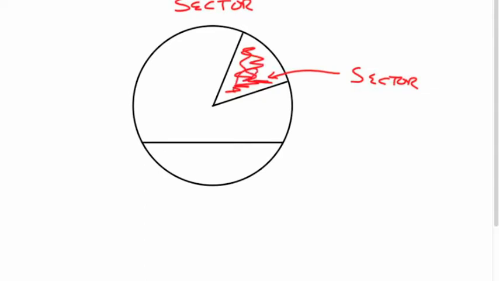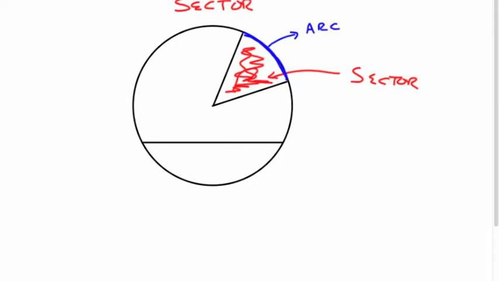Okay? Now, some other terms that we should know, because all of these are going to be broken down and we're going to be looking at different aspects of our circle. So we know that that is our sector. We also have right here, on the outside, what's called our arc.